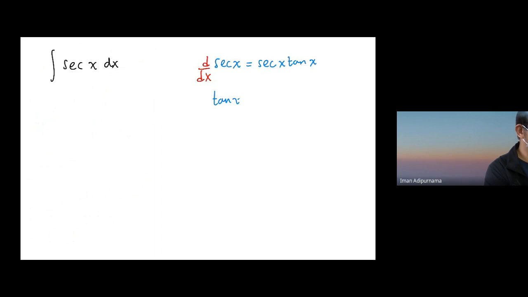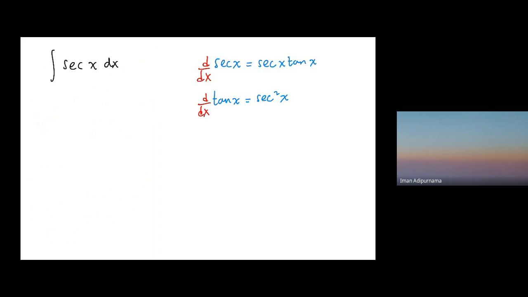Okay, so let me write the integral of secant x dx. What do we know about secant x? If we take the derivative of secant x, it results in secant x tangent x. And if we have tangent x, its derivative is secant squared x.